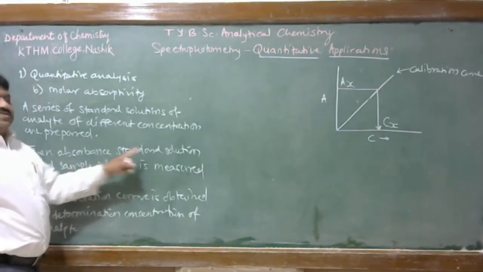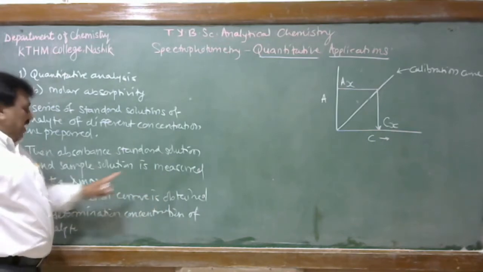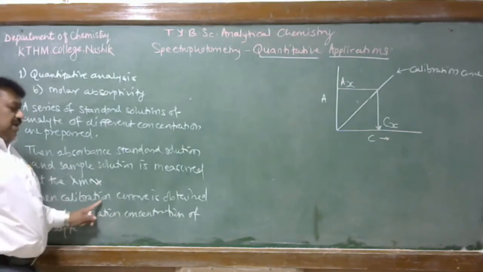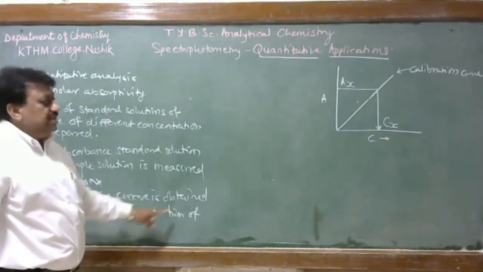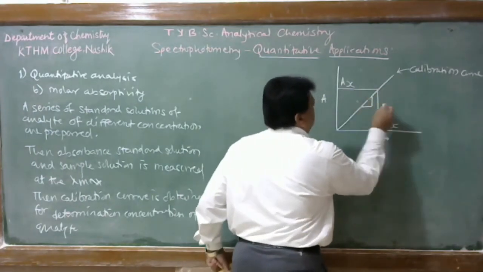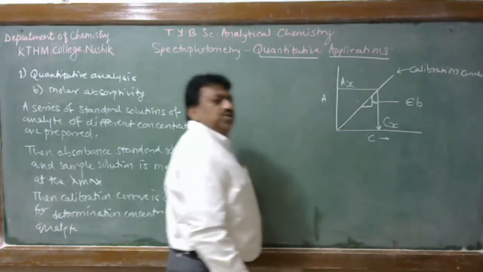Then the absorbance of standard solutions as well as the sample solution is measured at the wavelength of lambda max. Then a graph of absorbance as a function of concentration is plotted and the slope of this line is determined. This slope is equal to epsilon into b.